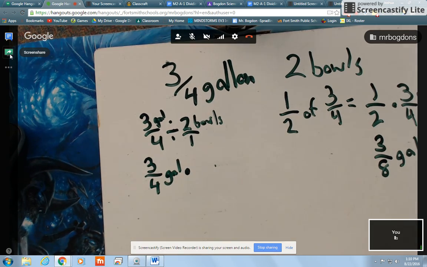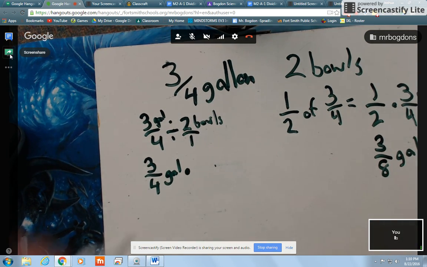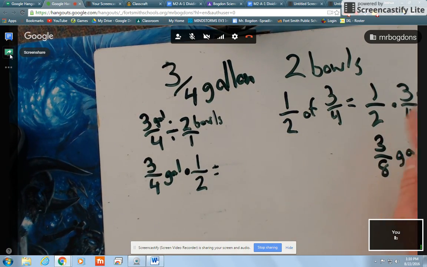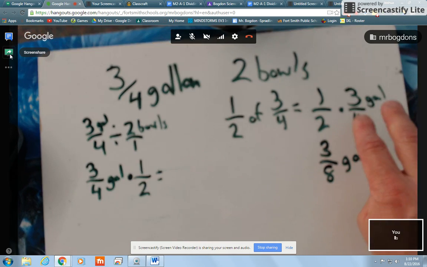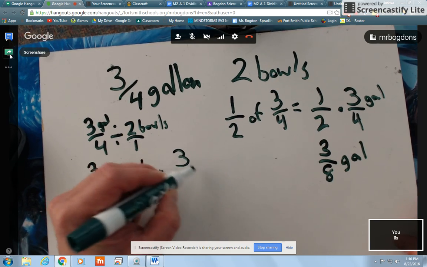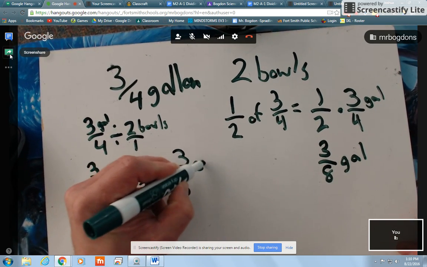And then when I say flip, I'm taking the reciprocal. So what is the reciprocal of 2? 1/2. Good job. And then, by golly, it looks just like what we have just done over here. They're just kind of flipped around. So 1 times 3 is? 3. And then 2 times 4 is? 8. Slap a unit on it, and that's my answer.